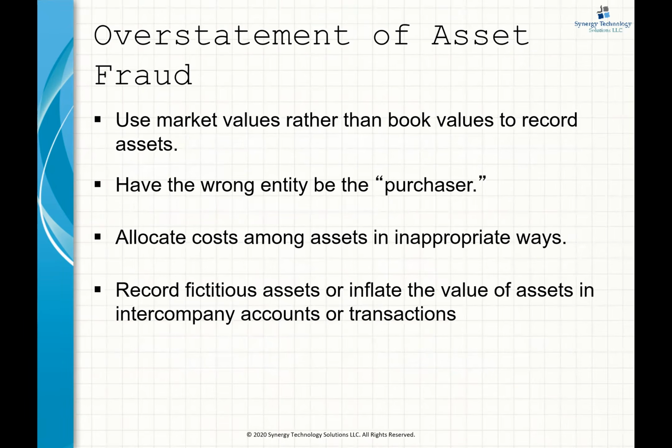Use market value rather than book value to record assets. Have the wrong entity be the purchaser or related party, allocate cost among assets in inappropriate ways, record fictitious assets or inflate the value of assets in intercompany accounts and transactions. This is another thing.